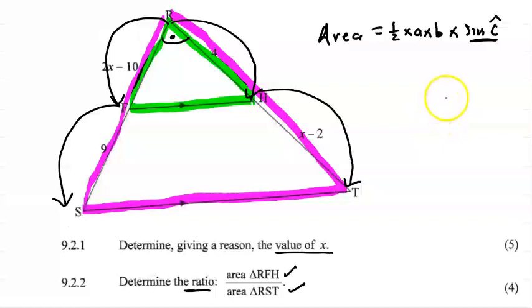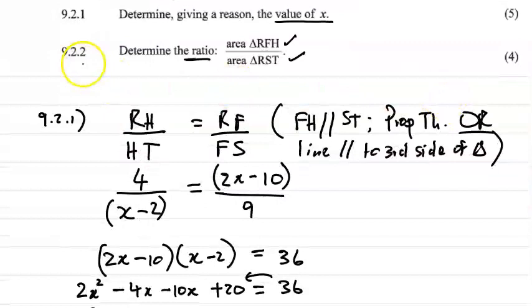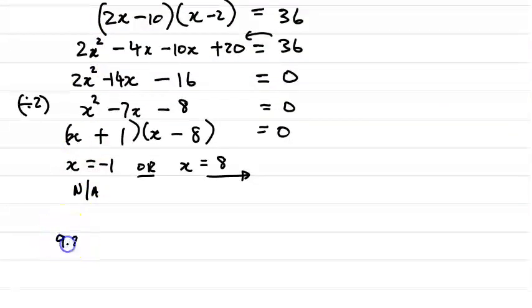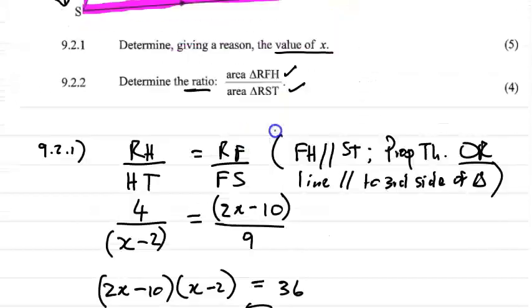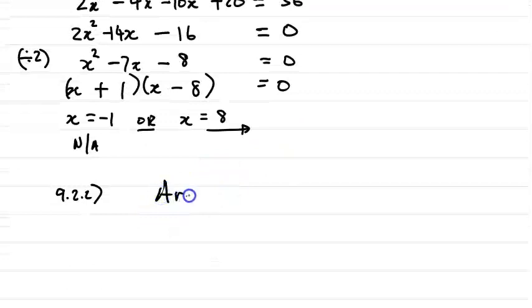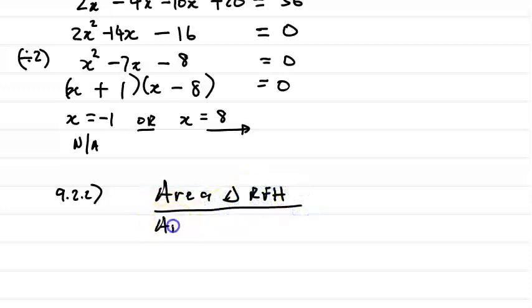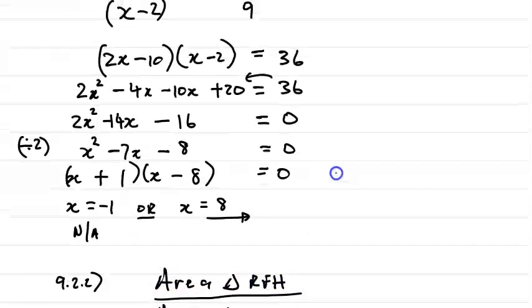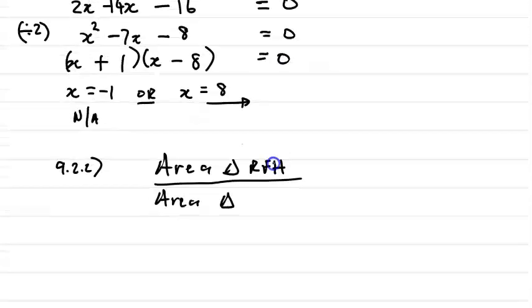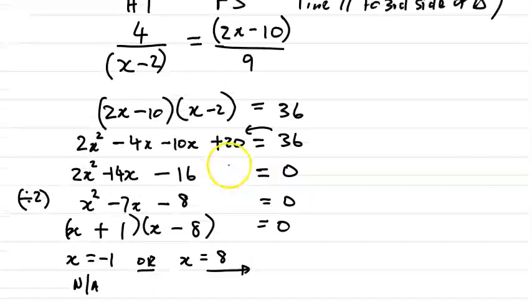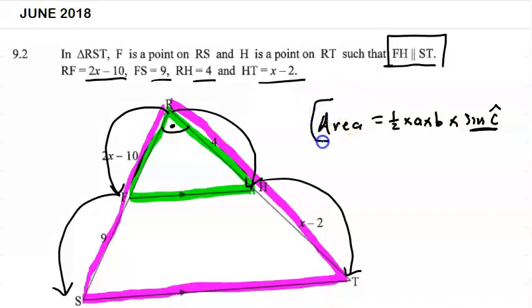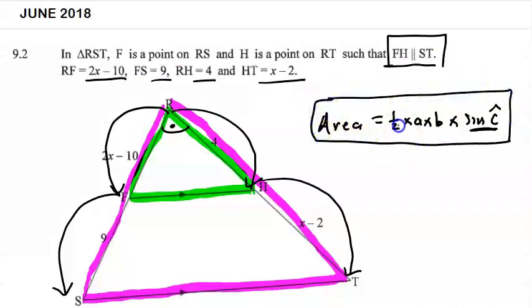So let's go write that down. So therefore, 9.2.2 will be as follows. So I will write down area of triangle RFH all over the area of triangle RST will equal, so we're going to use our area formula for a non-right angle triangle.